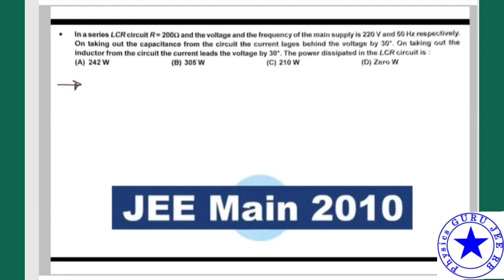What is given in the option here? Due to the capacitor and inductor separately, the power factor of the circuit, which we write as cos phi. So the power factor of the circuit is the same, as it is 30 degrees here and also 30 degrees there.